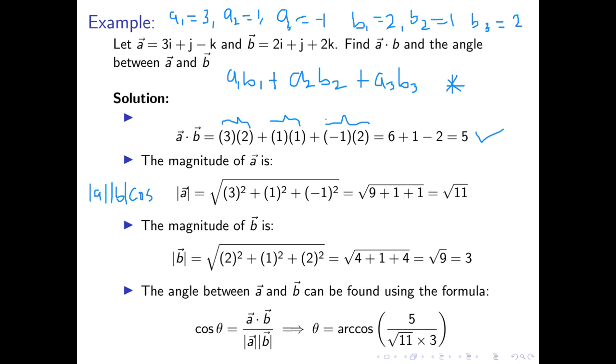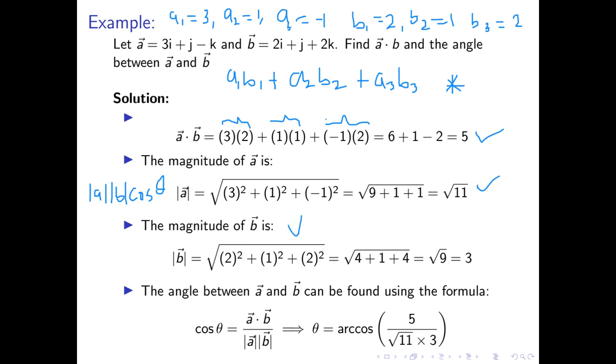Magnitude of B, which is the magnitude of only vector B, that is the length of that vector, will be the square root of B1 square plus B2 square plus B3 square, which is 3. Right? So let me write that out.